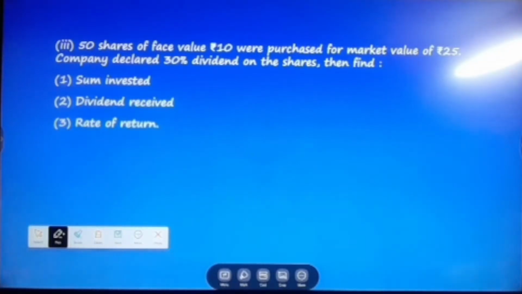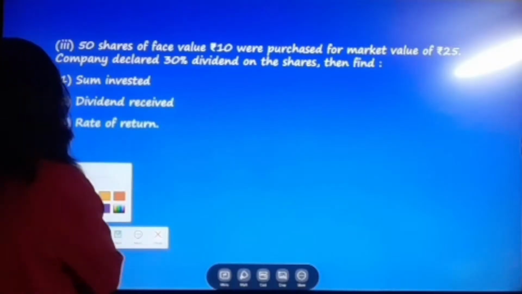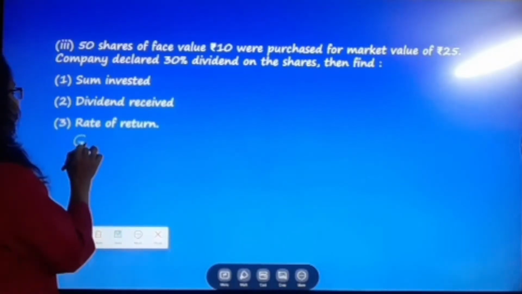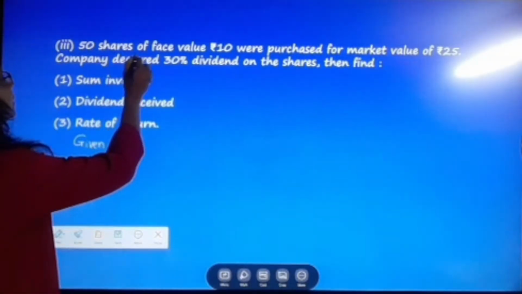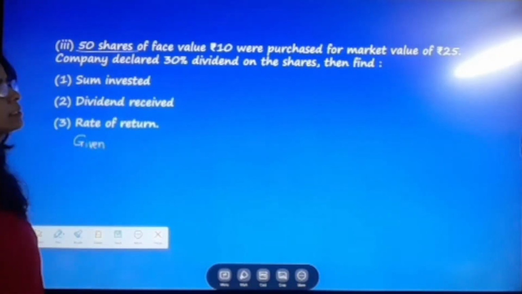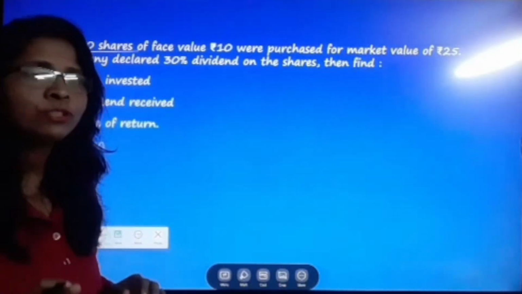So now here students, first we write down the given. So in the given, I write down that the 50 shares, that means students here the number of shares.